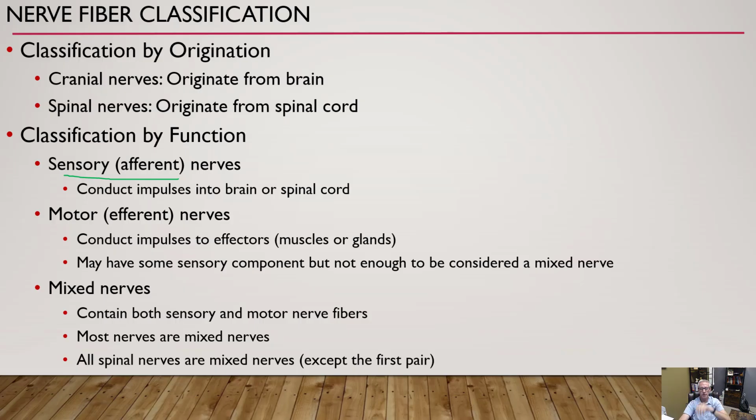They're a 50-50 split. So when we say that it's a sensory only nerve, it might be 90% sensory but 10% motor, but we'll just say that it's a sensory nerve. When we say that it's a motor nerve, it might be 90% motor, 10% sensory, but we'll say it's a motor nerve only. Mixed nerves are going to be about a 50-50 split of sensory and motor.